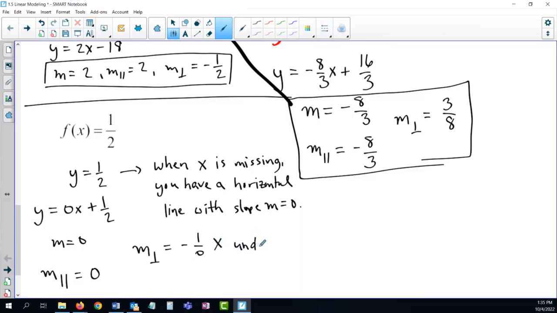That's undefined. So that means the slope of any line that is perpendicular to y is equal to 1/2, or f of x equal to 1/2, must have an undefined slope. Undefined slope only occurs when I have a vertical line.